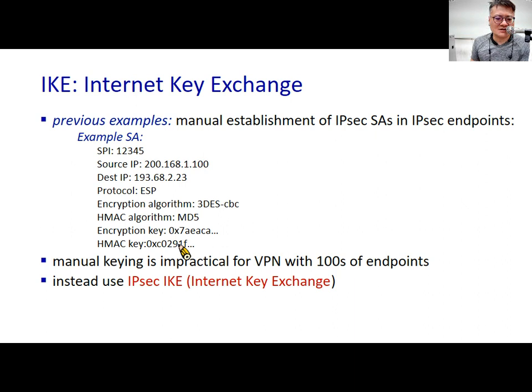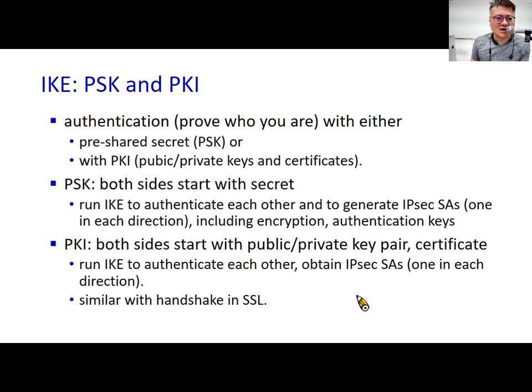So manual keying is impractical for a VPN with hundreds of endpoints. So instead we use the Internet Key Exchange. In IKE, we have two kinds of keys. One is PSK, the other is PKI.